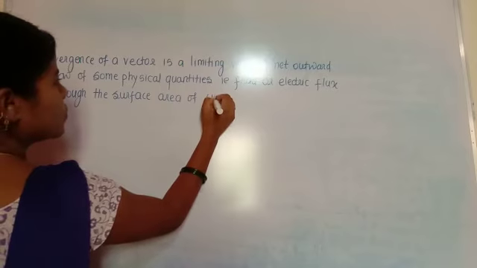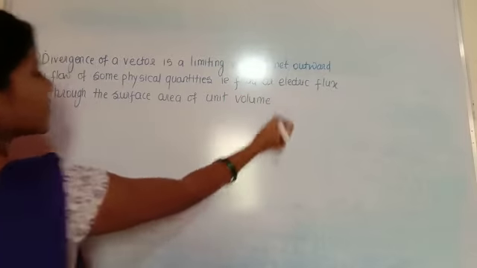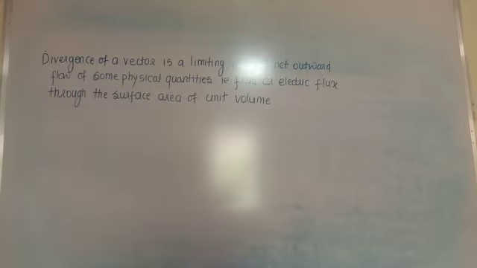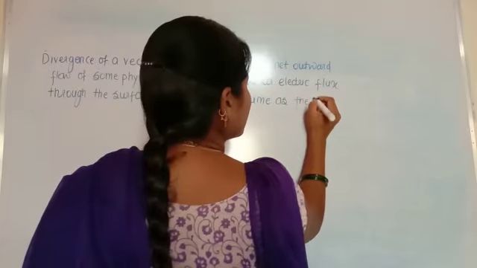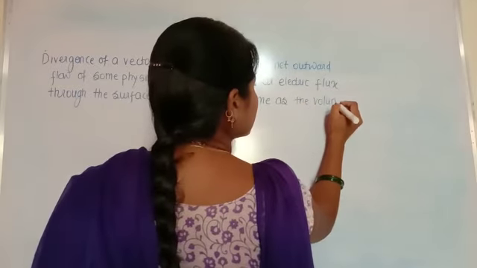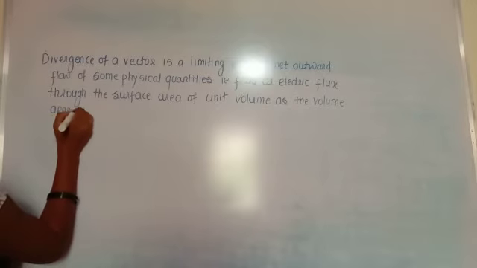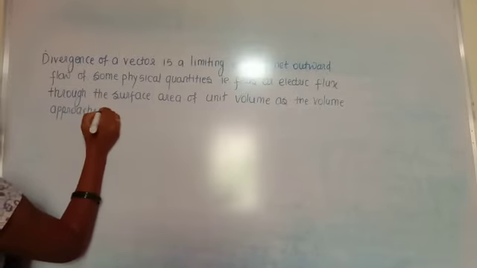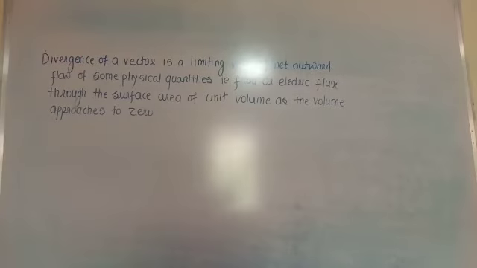of unit volume as the volume approaches 0. Okay, so this is the meaning of the physical significance of divergence.